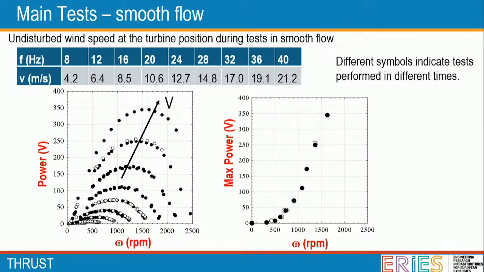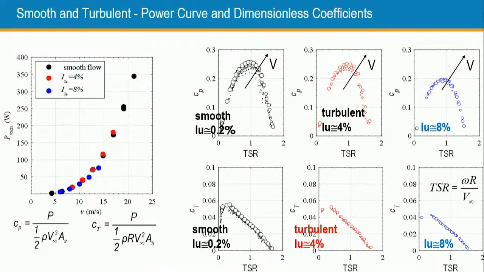This diagram summarizes the power curves in smooth flow conditions. And this slide shows together a synthesis of the results, considering also the turbulence intensity of 4% and 8%.